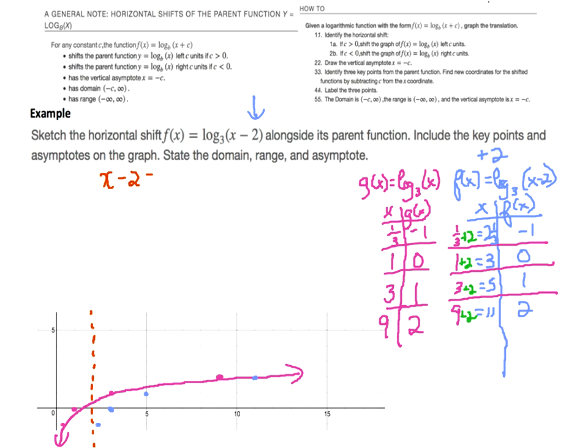Just so you know, x minus 2 has to be greater than 0, so x has to be greater than 2. So I've got that vertical asymptote at x equals 2. And now I'm just going to finish graphing my logarithmic.